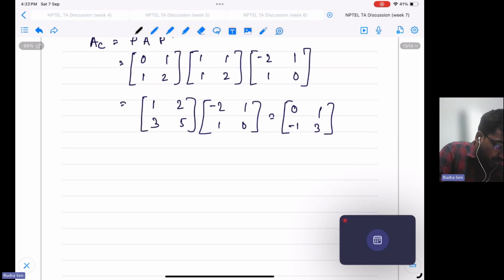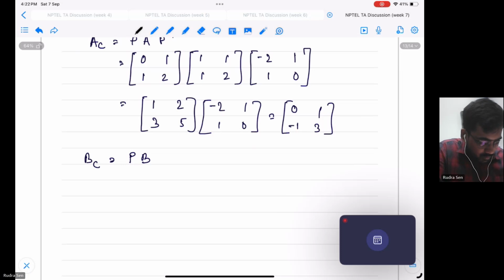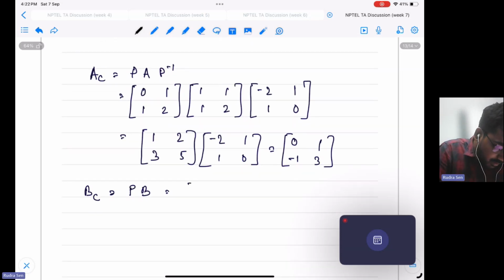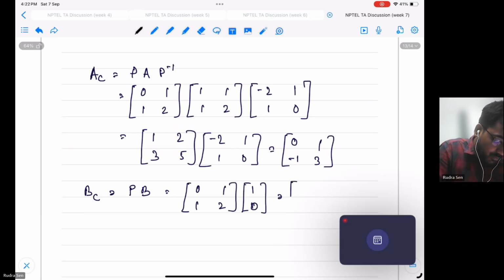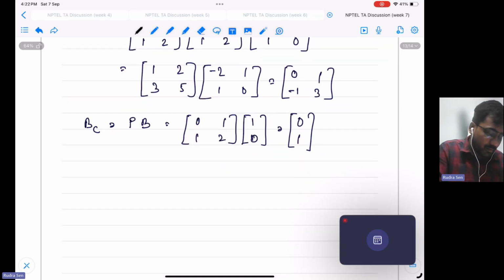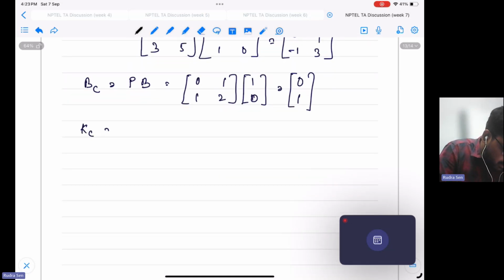Okay. Now what is Bc? Bc is P into B. P is [0 1; 1 2], and B is [1; 0]. So you will get 0 and 1. This is Bc. And let's say Kc equals small kc1 and small kc2.